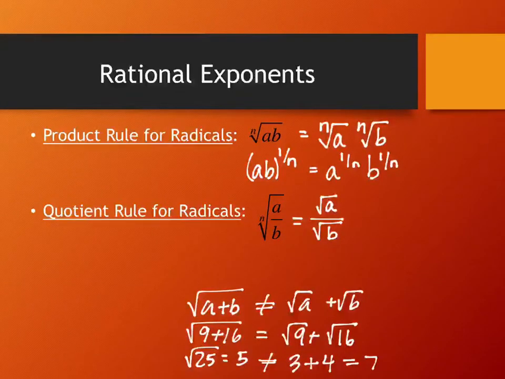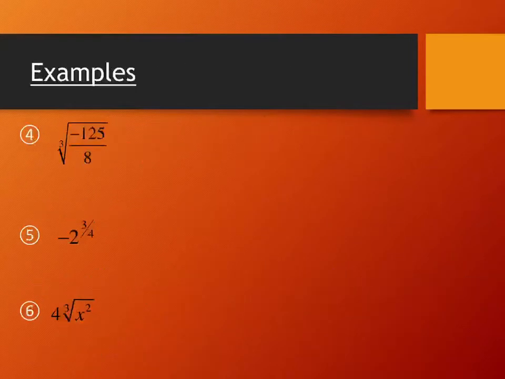Just like I can distribute the radicals through multiplication and division, I can do it even when the radicals are not a square root. I can do it with a cube root. So I can have the cube root of negative 125 on top and the cube root of 8 on bottom.